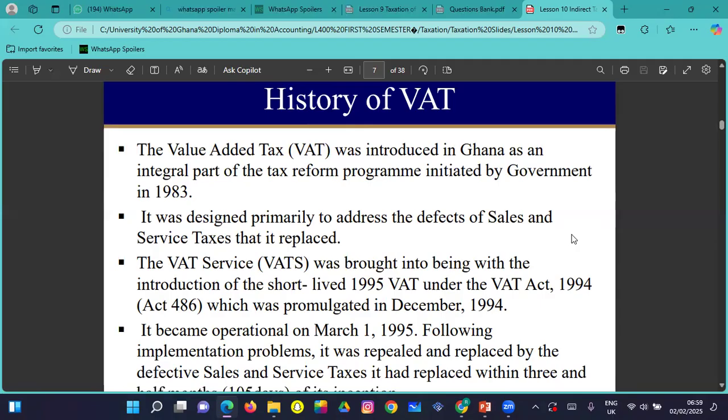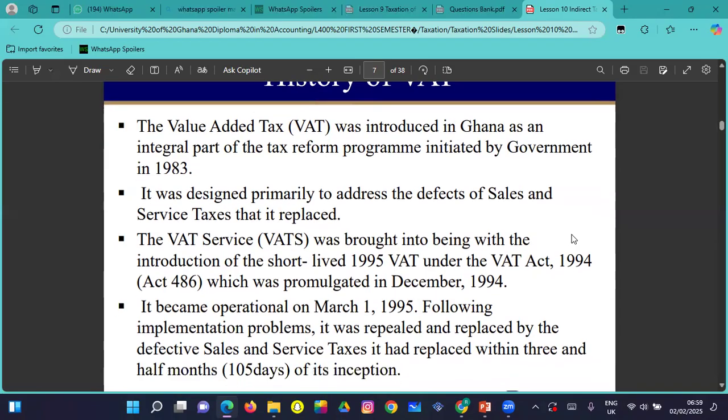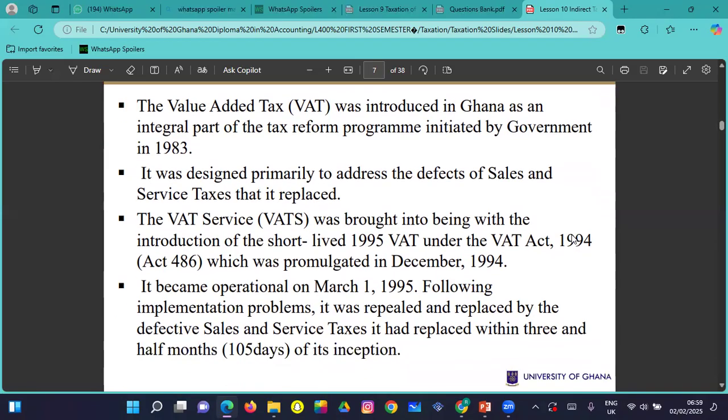It was designed primarily to address the effects of the sales and service tax that it replaced. The VAT was brought into being with the introduction of the short-lived 1995 VAT under the VAT Act 1994, Act 546, which was promulgated in December 1994.